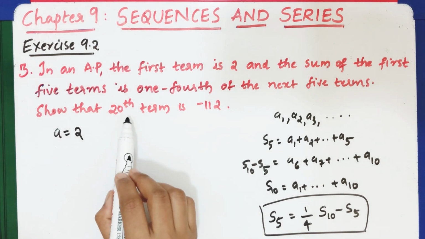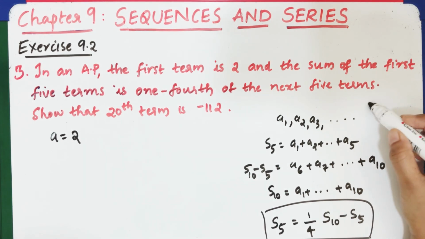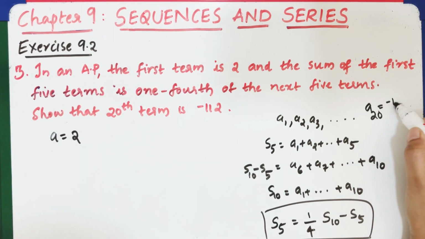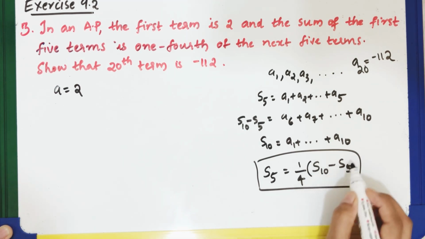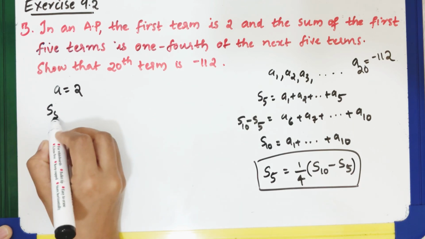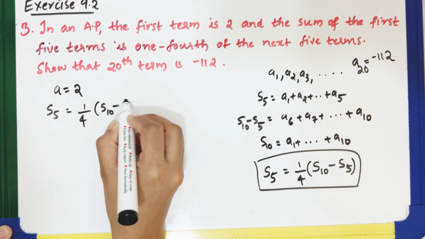We have to find out the 20th term. Show that the 20th term is, we have to get A20 is equal to minus 112. We are given S5 is equal to 1/4 into (S10 minus S5).